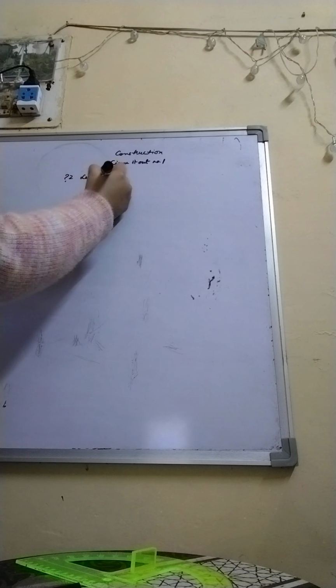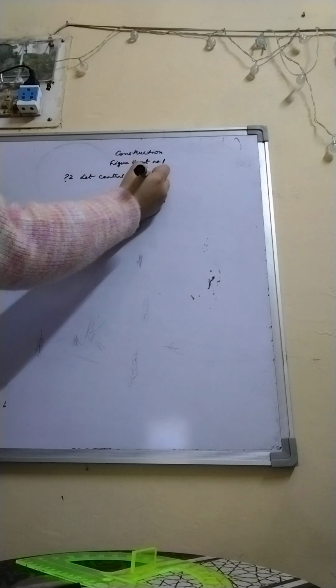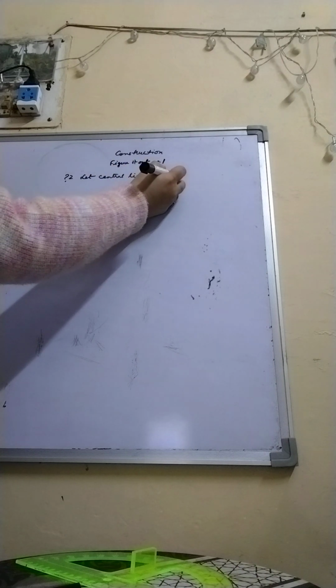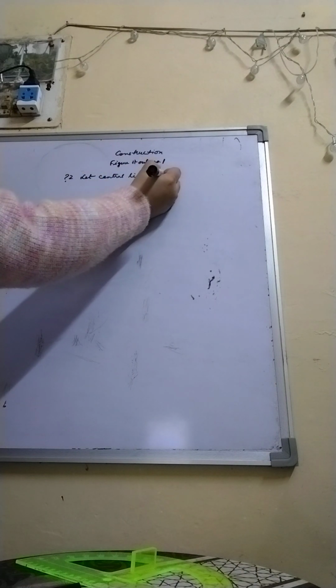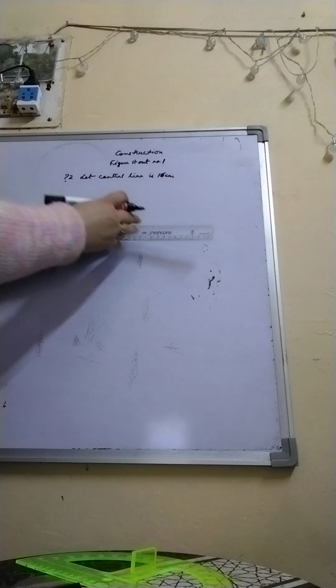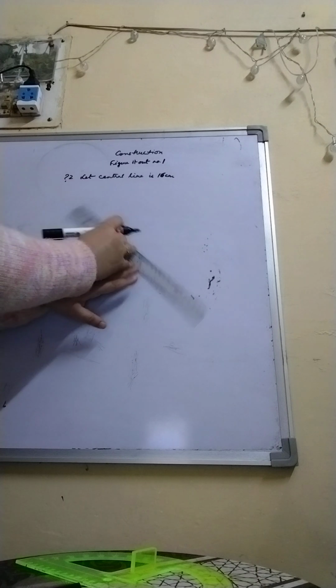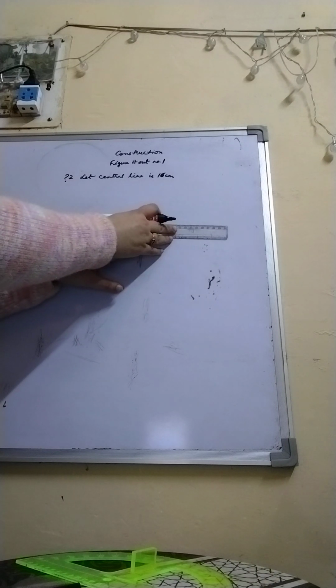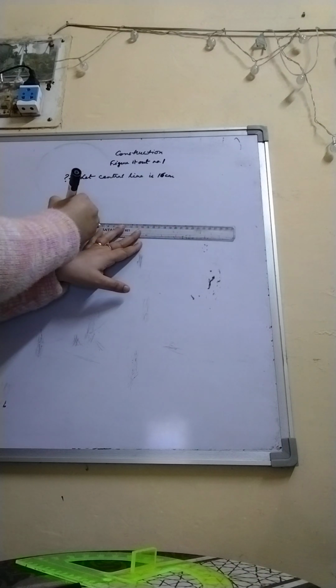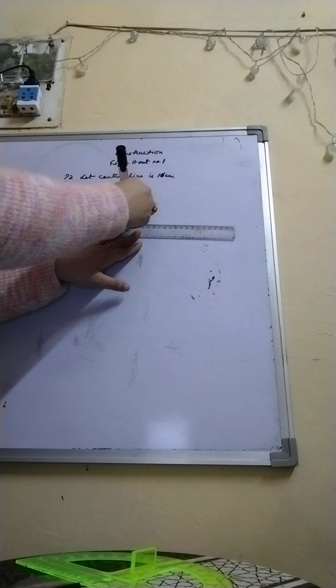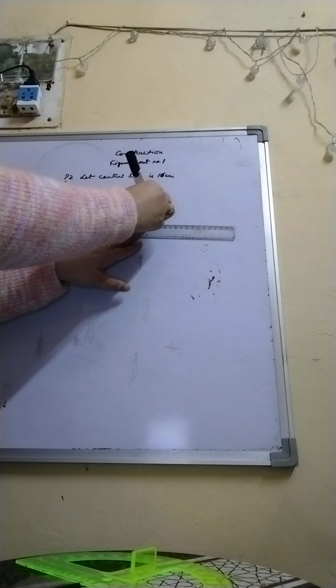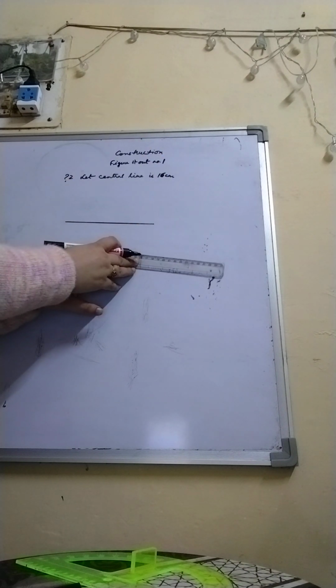So we will start with, let the central line be 14 centimeter, or we may take it as 16 centimeter. So let's take it a bit bigger so that you understand more. We take a 16 centimeter line.